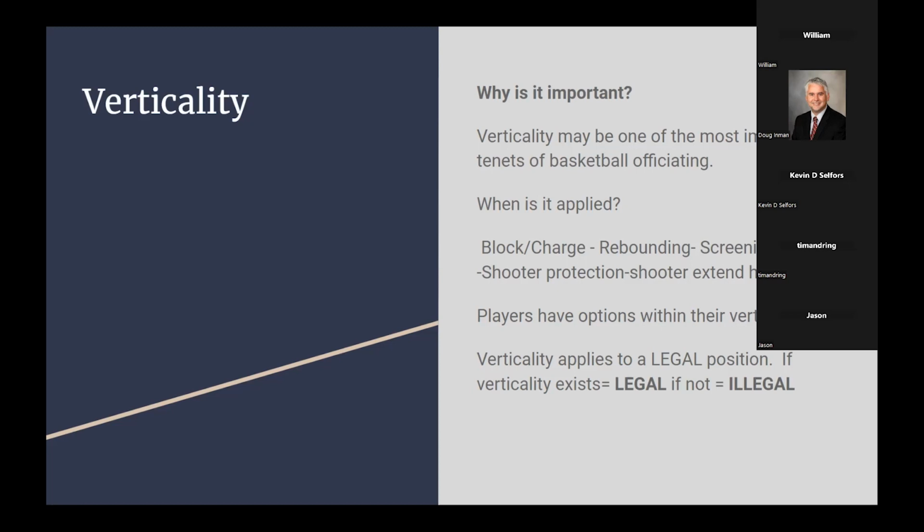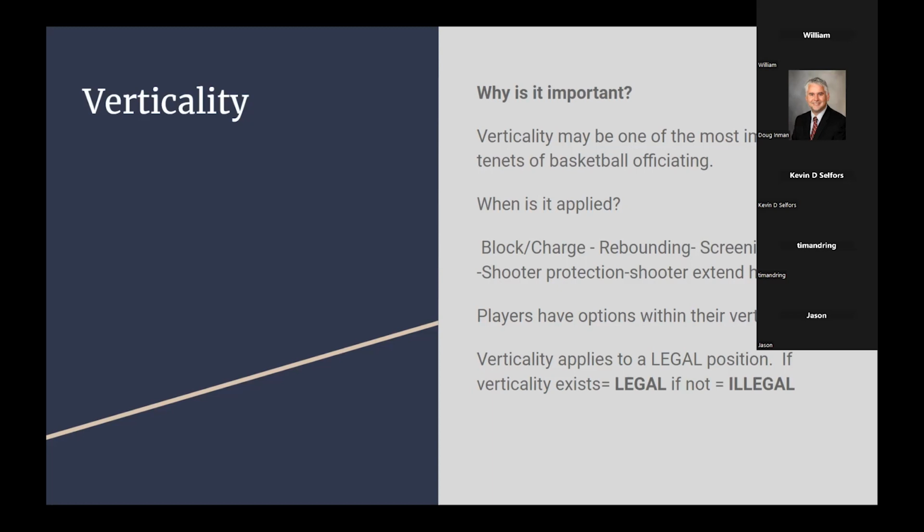The other thing with verticality, remember, is it's my space all the way to the ceiling in my vertical plane. If you've got a shooter going up on the low block, they're heading up and the defender's going up with them and the defender's going straight up and coming straight down, we've got no problem. But when we got a shooter going up and a defender comes and goes from point A to point B, now they're out of their range of verticality.